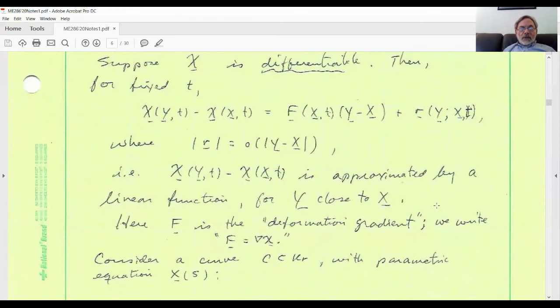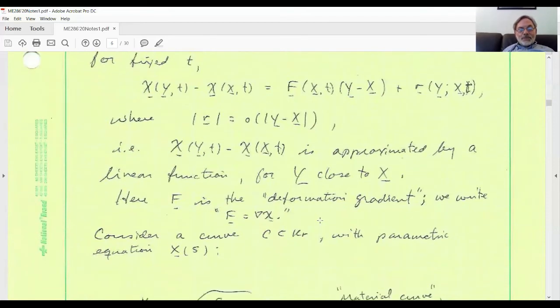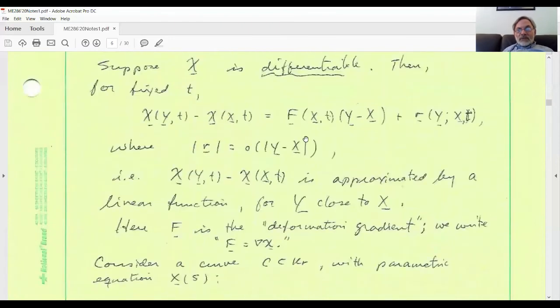Okay. So this we take as our definition of derivative, essentially the so-called Fréchet derivative in this context. And this F is called the deformation gradient, which is a fundamental kinematic variable in continuum mechanics, usually written F equals grad chi to indicate that it's essentially the gradient of chi. So here we have the definition of the deformation gradient.